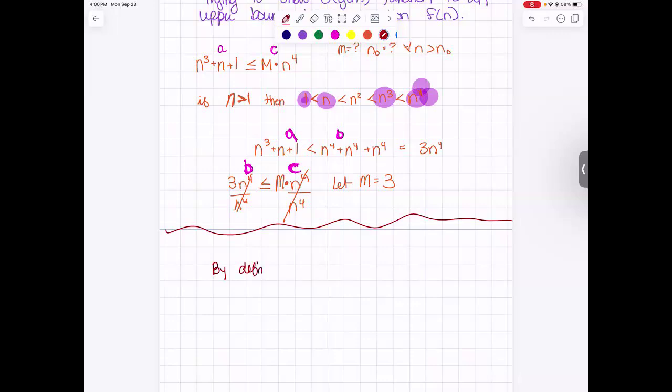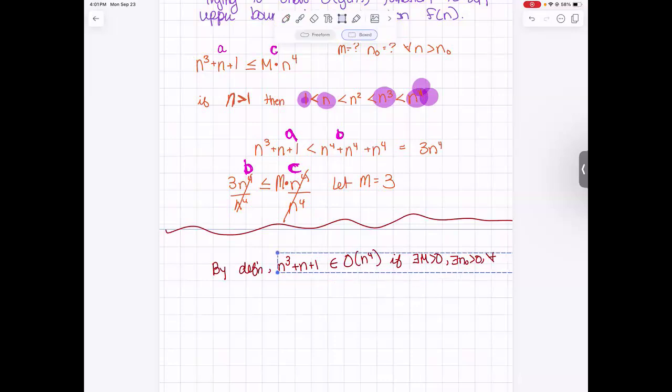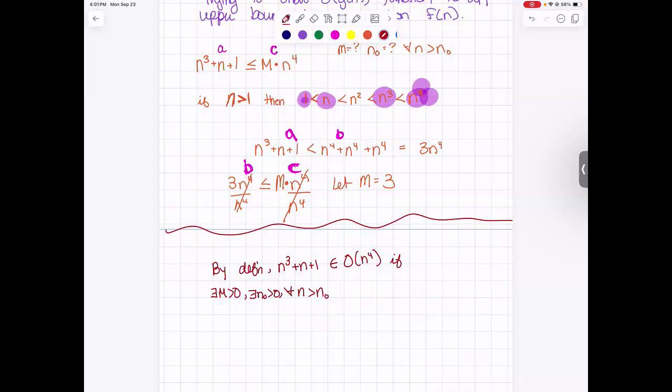By definition, we know that n cubed plus n plus 1 is going to be in O of n to the 4 if and only if there exists m and n naught greater than 0, we're going to just rewrite that whole formula here, for all n greater than n naught, such that n cubed plus n plus 1 is in that space of m times n to the 4.